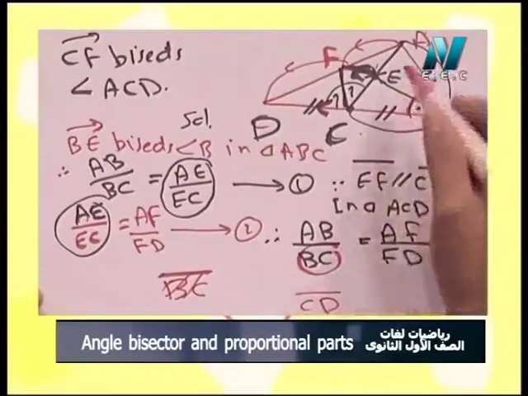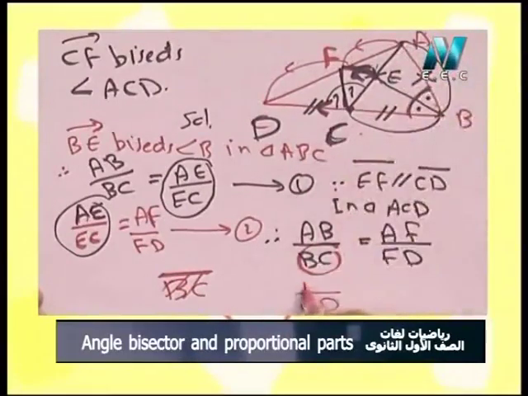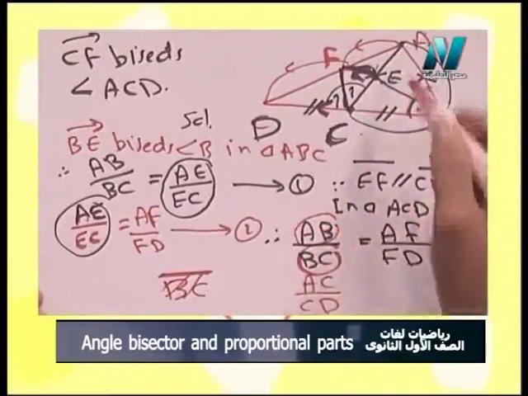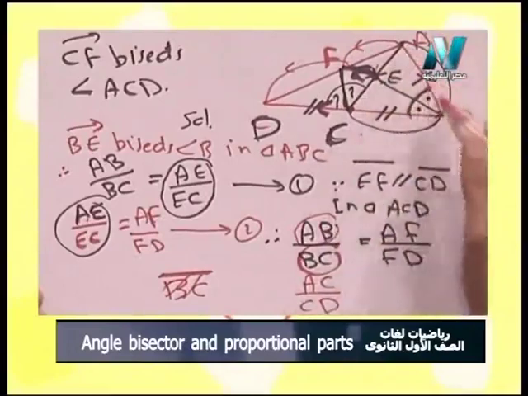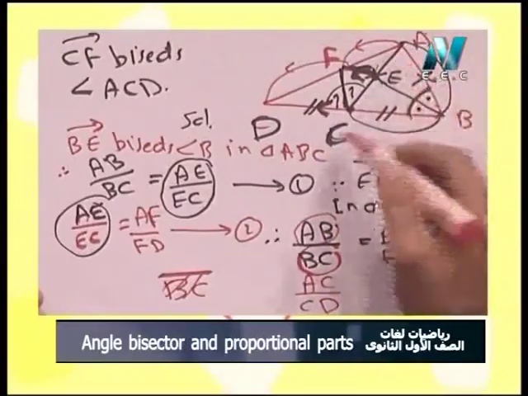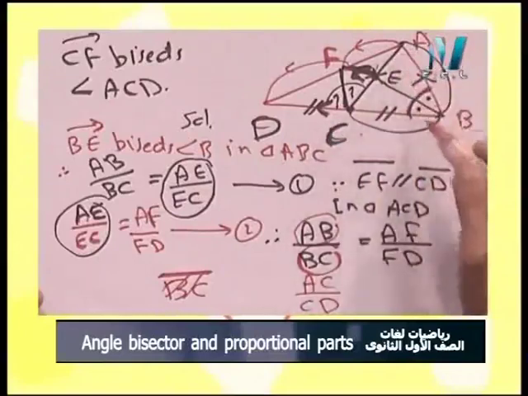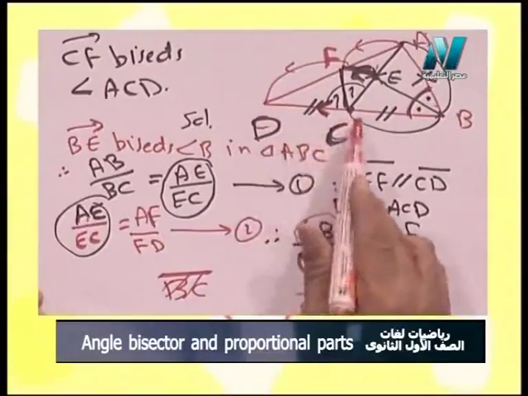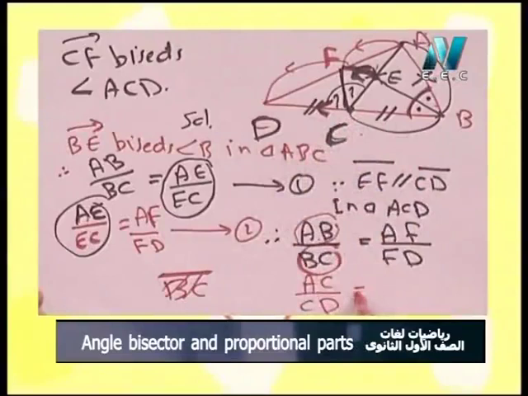And instead of AB we put AC, because they are equal in the given, that the triangle ABC is an isosceles triangle and AB equals AC. So we can put AC instead of AB and DC instead of CB here, equal AF over FD.